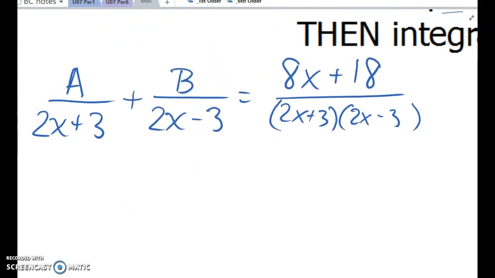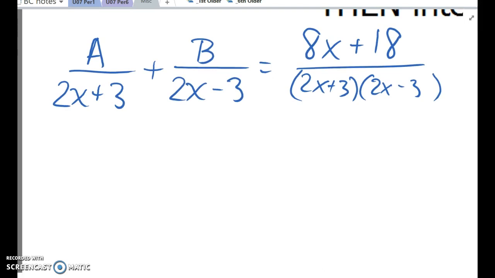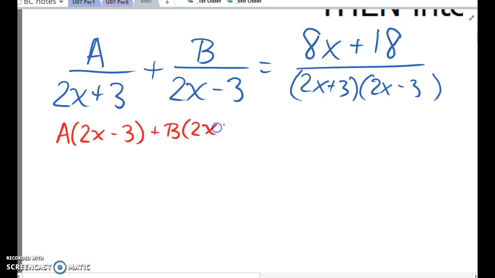And so from there, I'm going to write as little as possible, the minimum that I could get away with and still earn credit. A times 2x minus 3 in order to get the first denominator to look good. B with a 2x plus 3 to get the second denominator to look good needs to equal 8x plus 18. We've made the denominators equal, so I don't even need to write them anymore. I just need to match up the numerators.